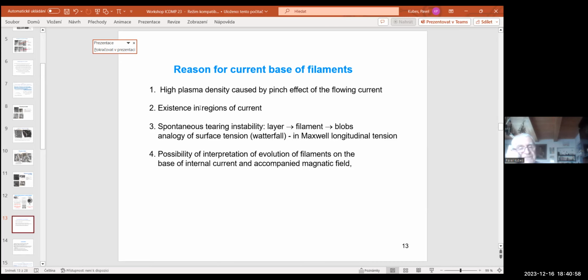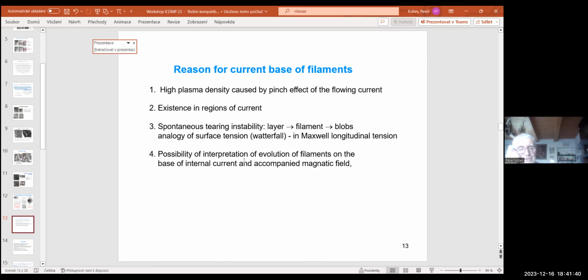The filaments exist in areas of the current, and what is interesting, they probably have a scenario from the layer to the filament and transformation of filament into blobs. It is a similar analogy as the waterfall. In this case, no surface tension, but Maxwell longitudinal tension, which can form this tearing also.